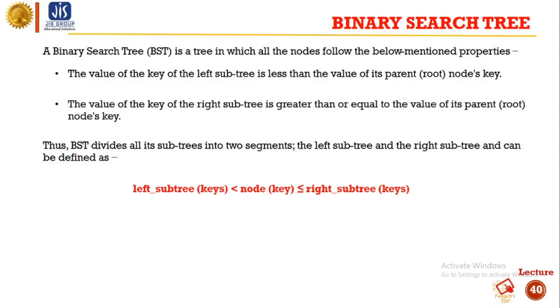In the searching process, it removes half the subtree at every step. Searching for an element in a binary search tree takes order of log n time. In the worst case, the time it takes to search an element is order of n. It also speeds up the insertion and deletion operations as compared to those in an array and linked list.